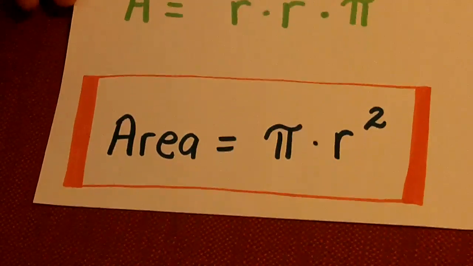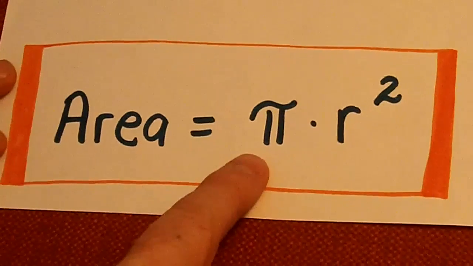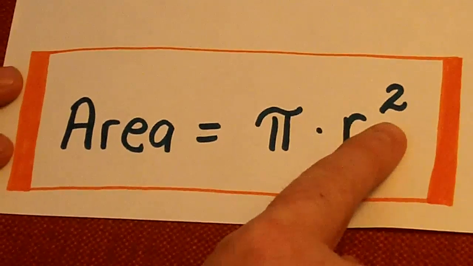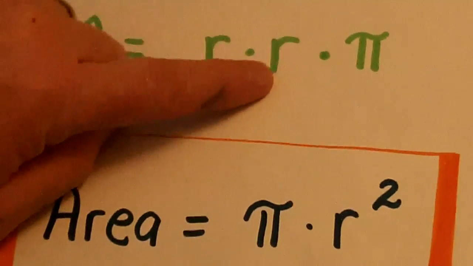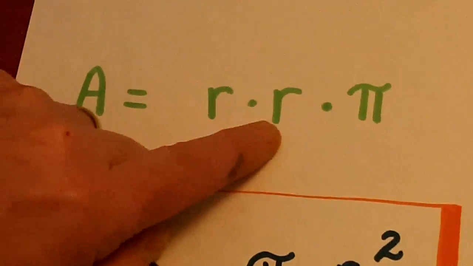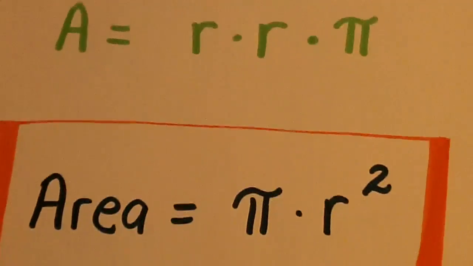Usually in a book you'll see the formula like this: area equals pi times r squared. But so many times on tests you'll see the number come first, so that's why sometimes I put the radius first.